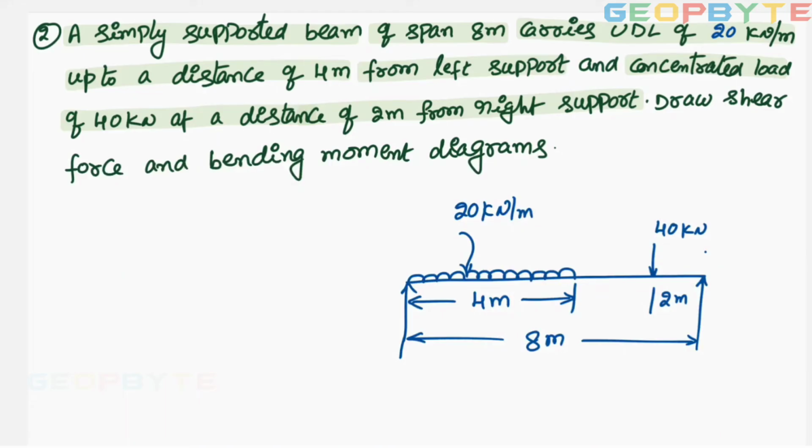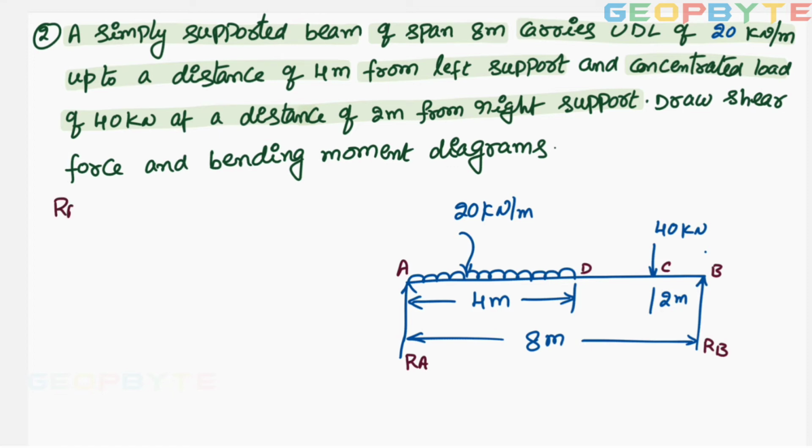Now let us mark the points like A, B, C, D. For constructing the shear force diagram, shear force calculations are required. For finding the shear force, I need to find the reactions at A, RA, and at B, RB.